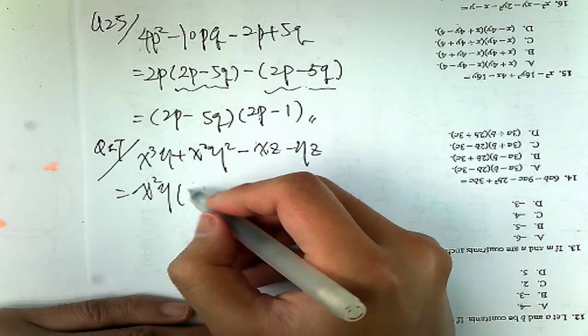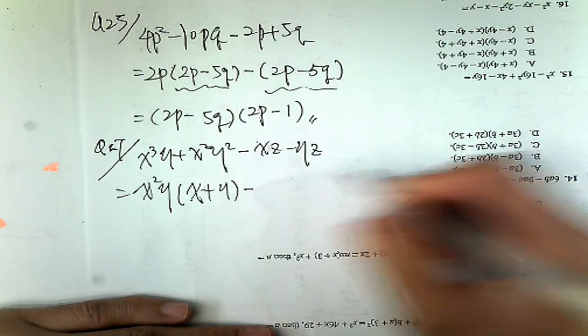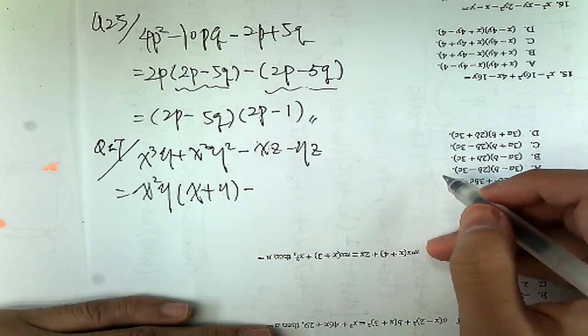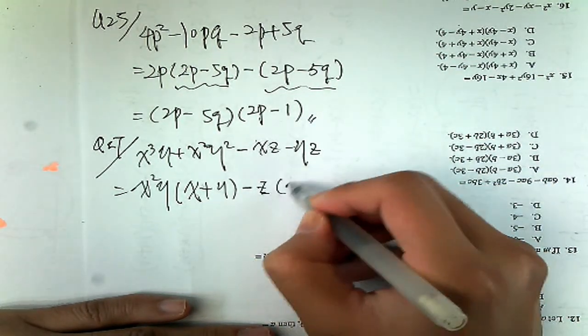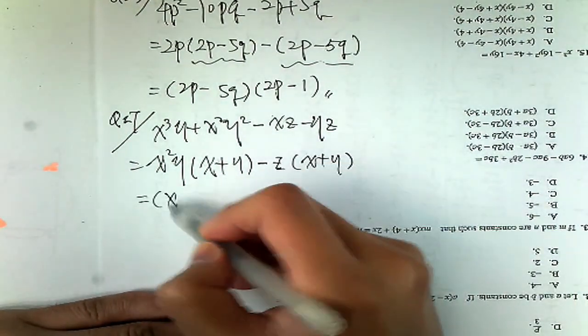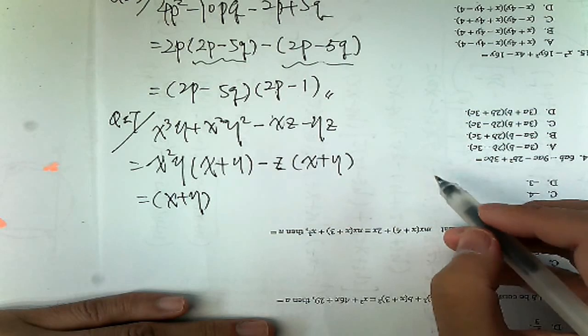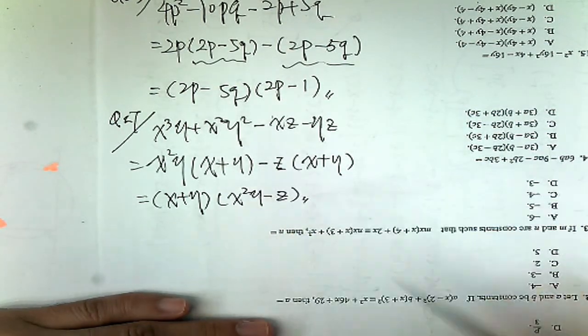So what remain are x plus y. For the next two terms, they are both negative, right? So you can pull out the negative sign, and then a z, right? You have x plus y inside, understand? So next step, you know how to do it. Pull out x plus y, and then x squared y minus z, understand?